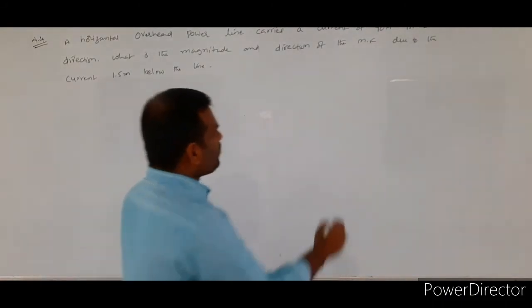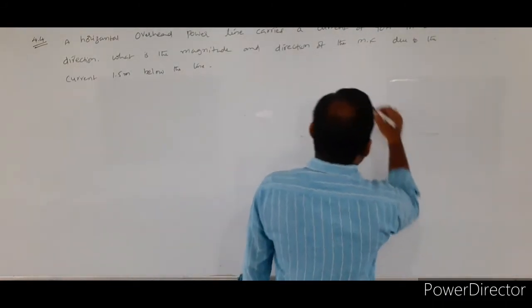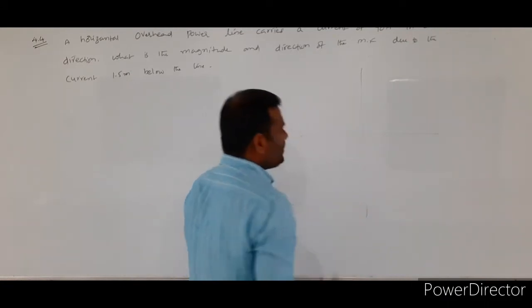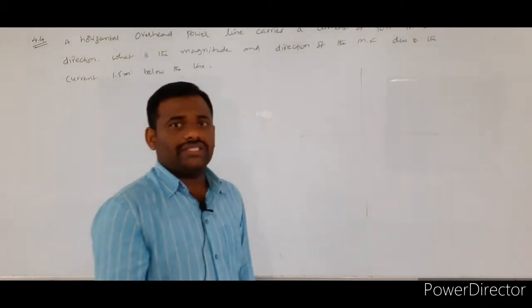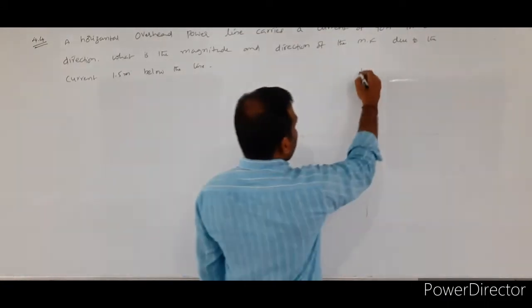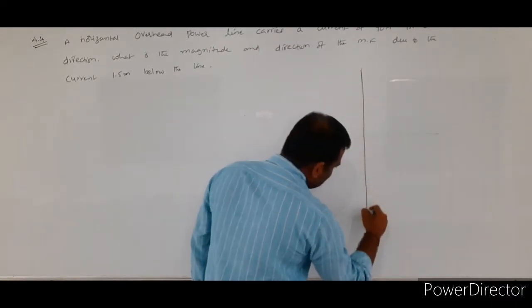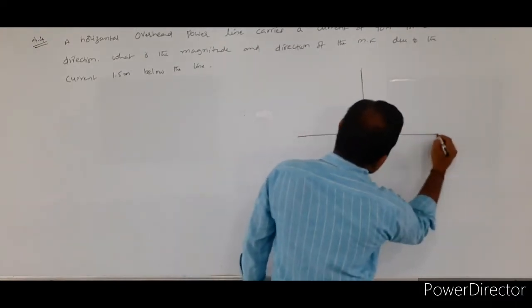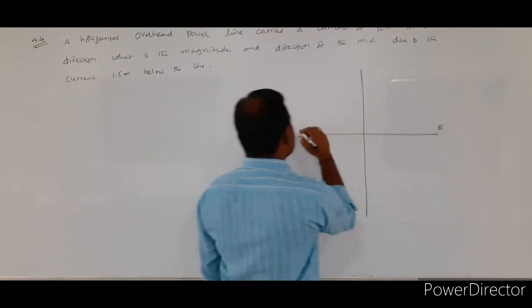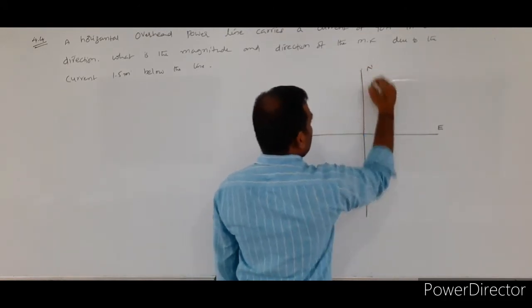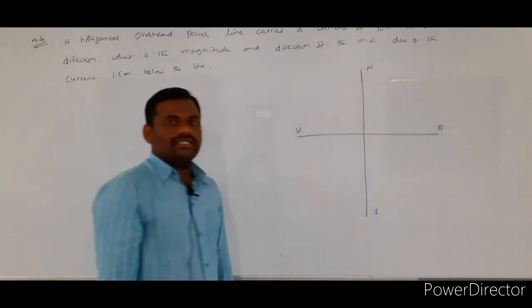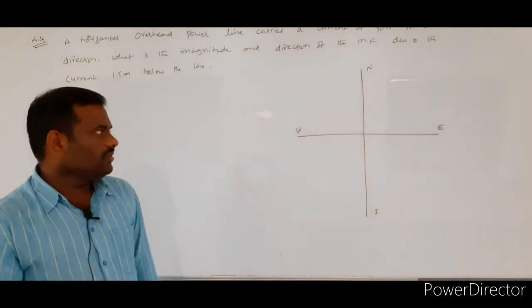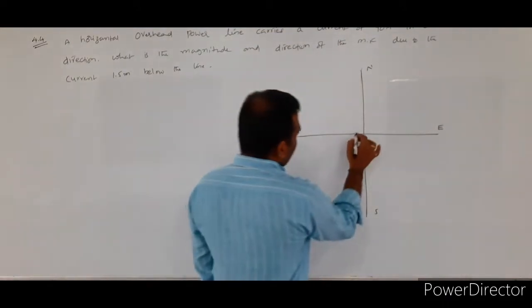See here, same concept. Whenever they mention east, west, north and south directions, we have to form a plus symbol and indicate the directions east, west, north, south. So the current is flowing from where to where?